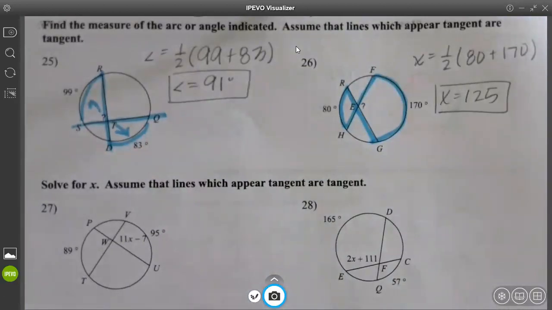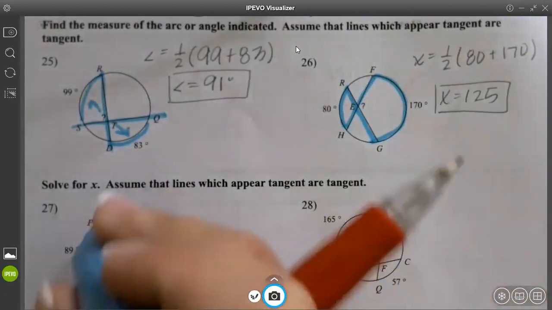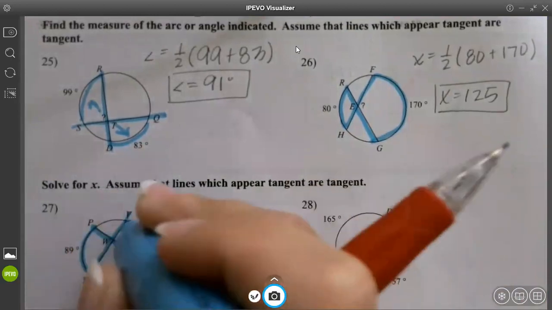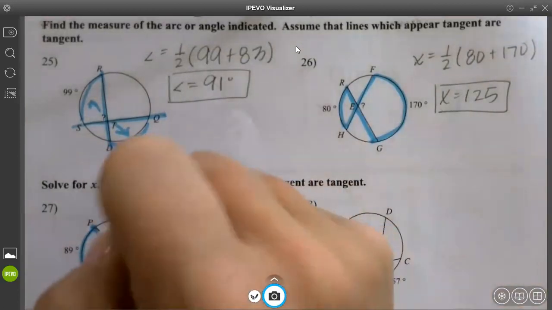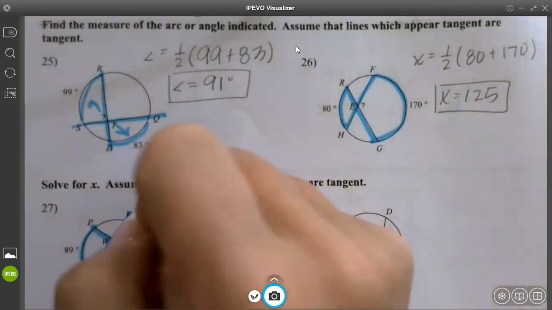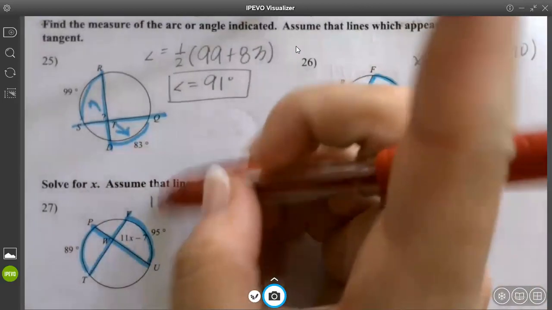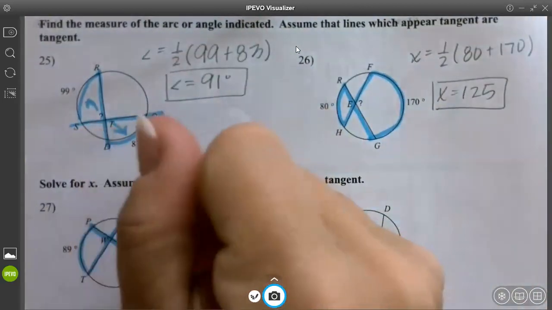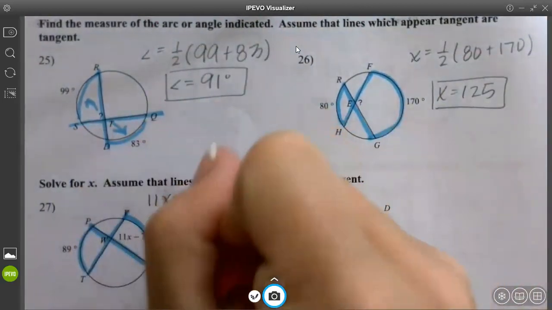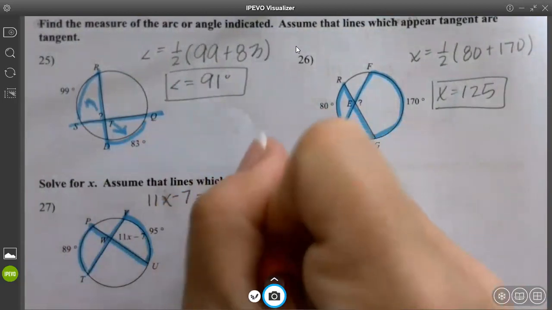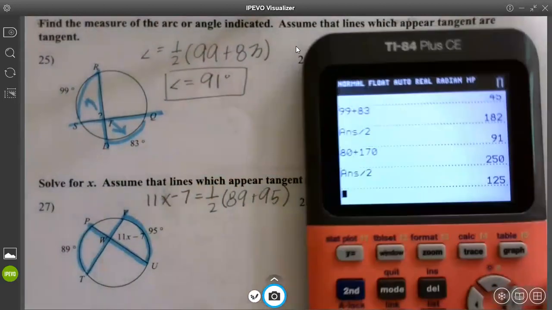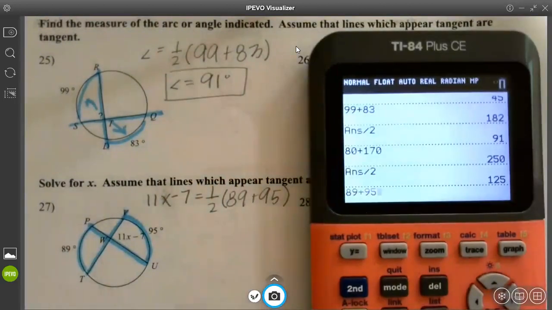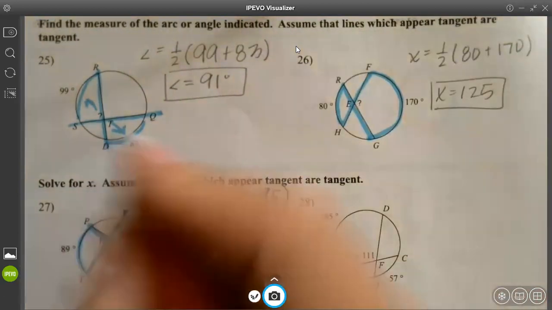27 says do the same thing, solve for X. So here's our arcs, and our angle is 11x minus 7. So your angle, 11x minus 7, equals half of your two arcs added together, 89 plus 95. 89 plus 95 is 184, divided by 2 is 92.